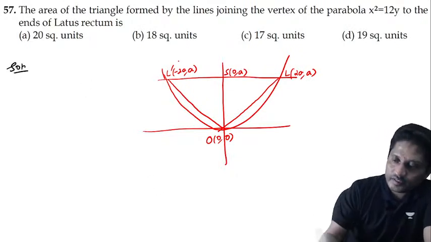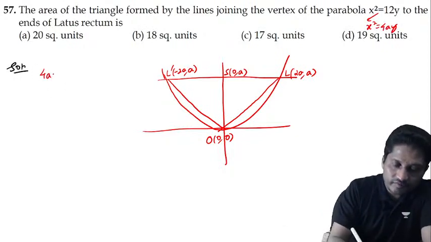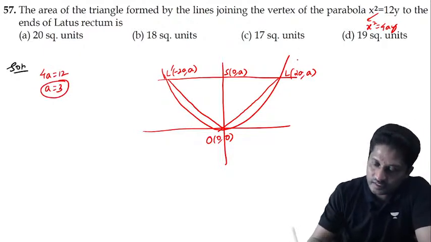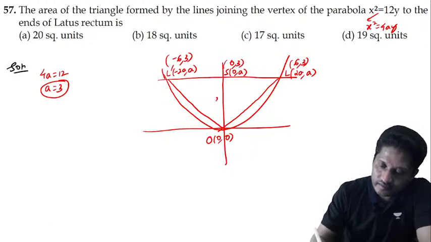Compare this parabola with x square is equal to 4ay. You get 4a is equal to 12, which means a is equal to 3. Ends of the latus rectum are 6 comma 3 and on the left side minus 6 comma 3. Then this is 0 comma 3. This will be the height.